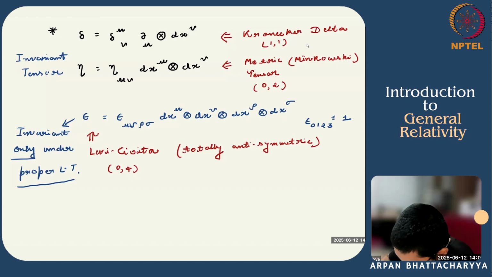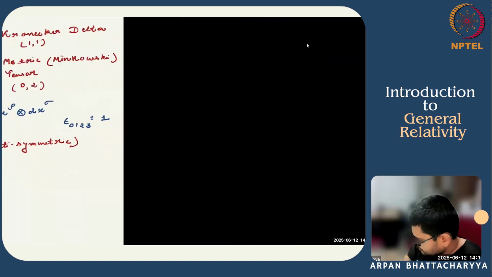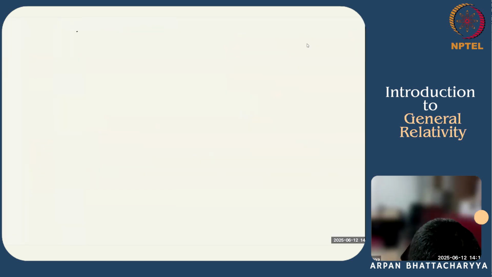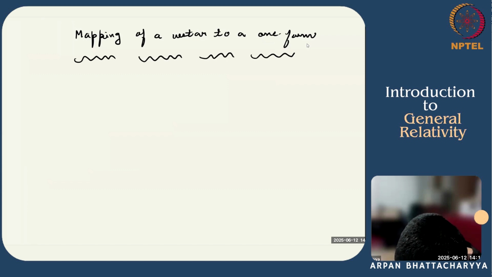Okay, so now let us proceed to discuss some more new things. First, we will discuss mapping of a vector to a one form with the help of this Minkowski metric.